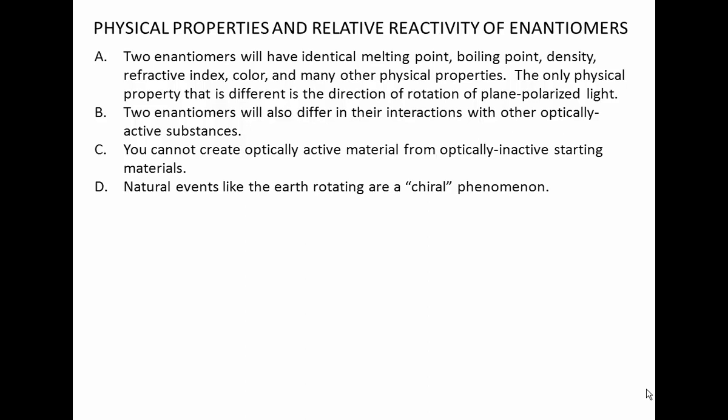Low pressure systems and weather rotate, I think, counterclockwise, and high pressure rotates clockwise. All of these are natural phenomena that are chiral.